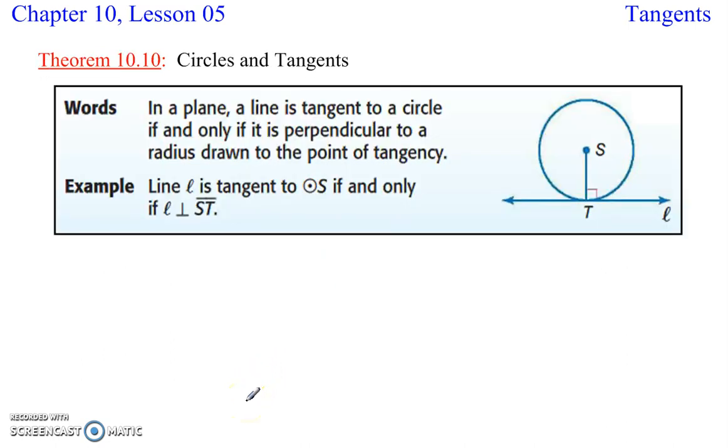Theorem 10.10 says that a line is tangent to a circle if and only if it is perpendicular to the radius. Okay, perpendicular to the radius from the center to the point of tangency.